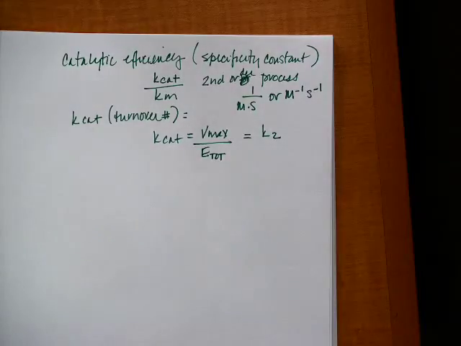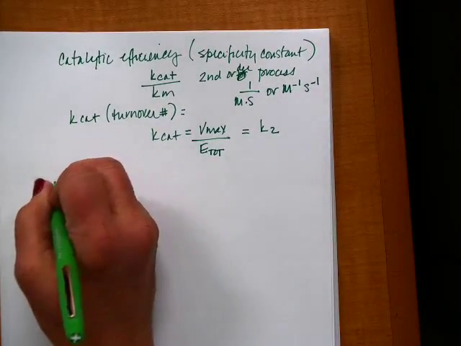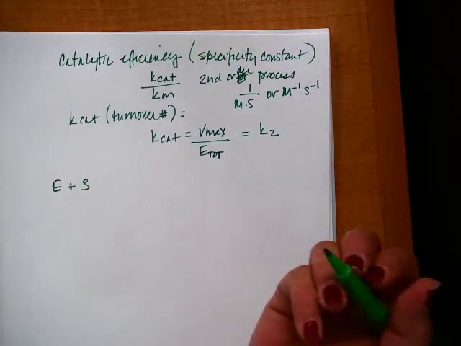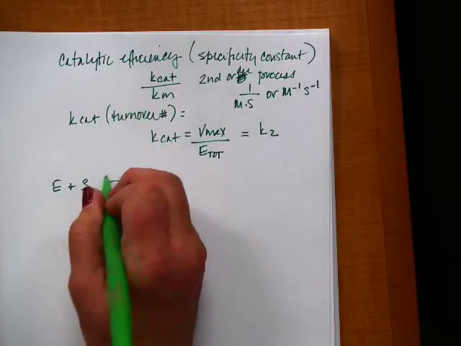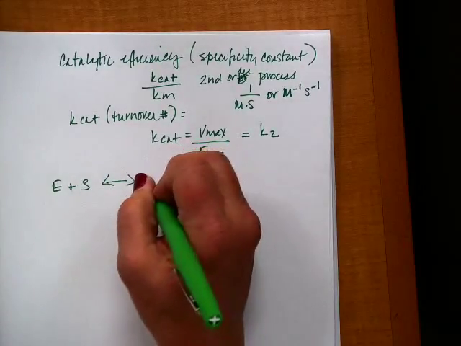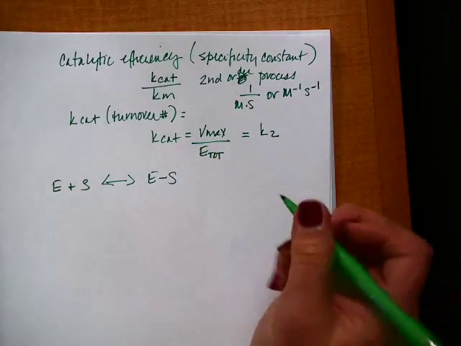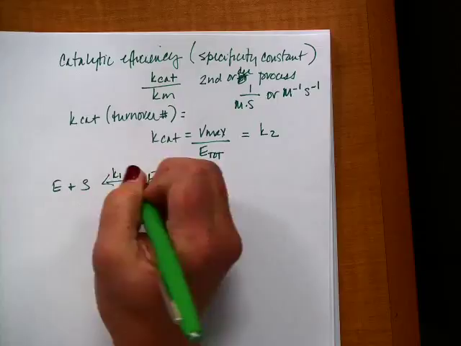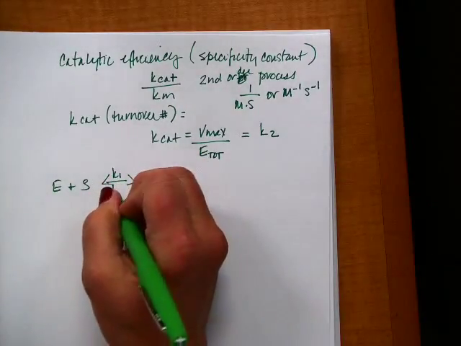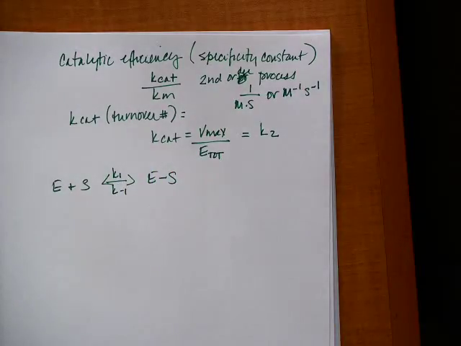So what does that mean? When we represent the reaction that is occurring between enzyme and substrate, the first step is reversible. So there's a k1 for the forward reaction, and for the reverse, we've got a k subscript -1.